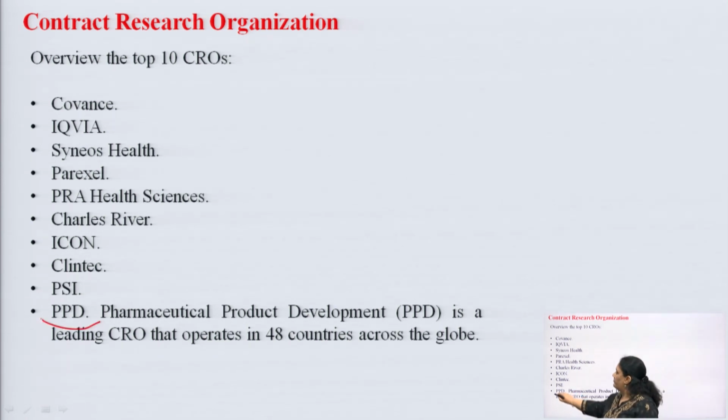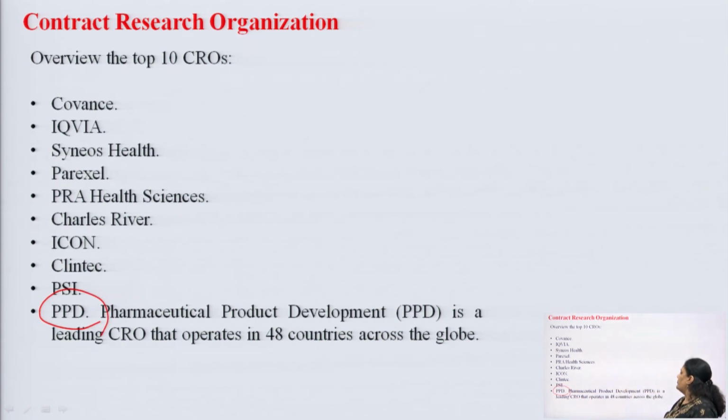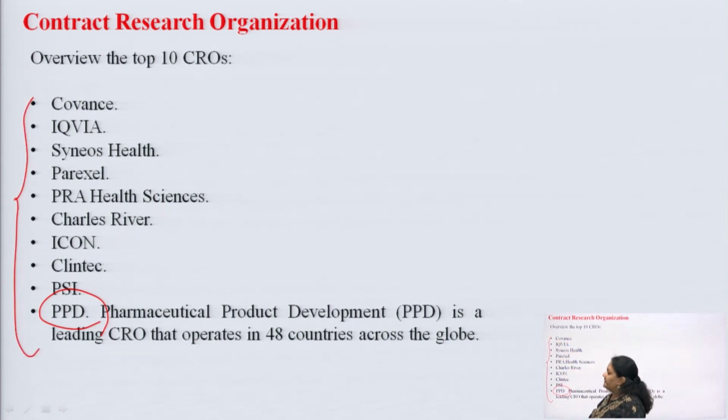This is also very famous and old. PPD stands for Pharmaceutical Product Development. It is one of the leading contract research organizations which operates in 48 countries across the globe. Students, this is all the global top 10 contract research organizations as examples.